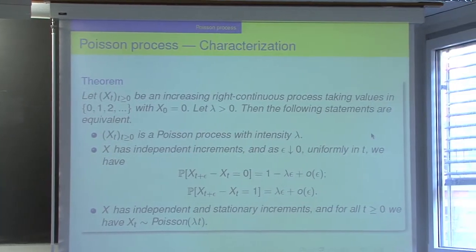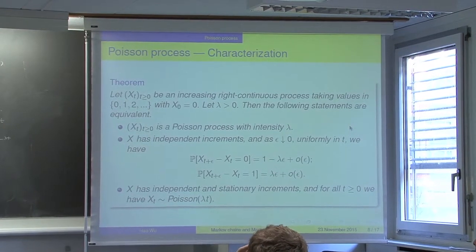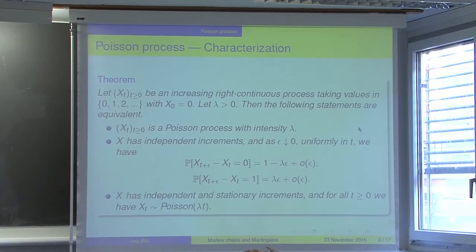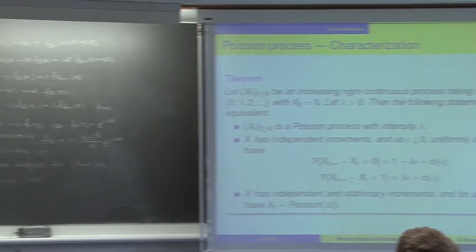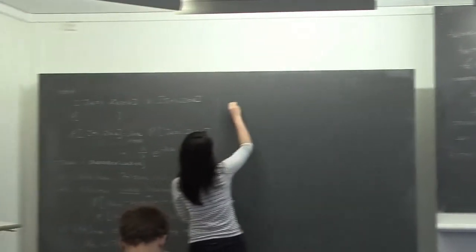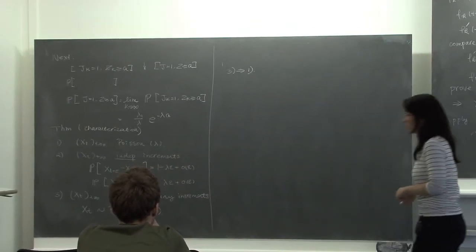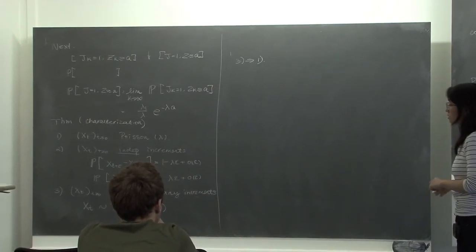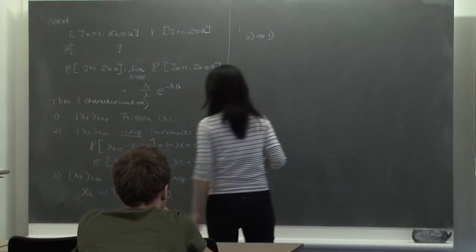And now the final step, we have to go from third to first. So now what we know is this process X_t has independent stationary increments, and X_t has the law of a Poisson random variable with intensity lambda t.